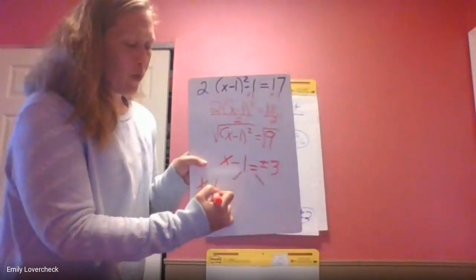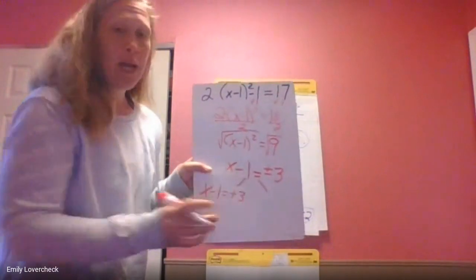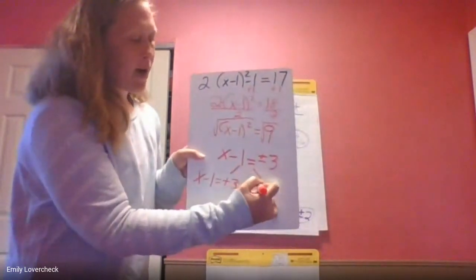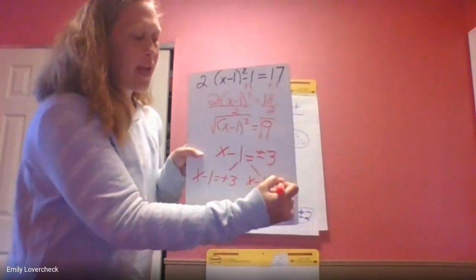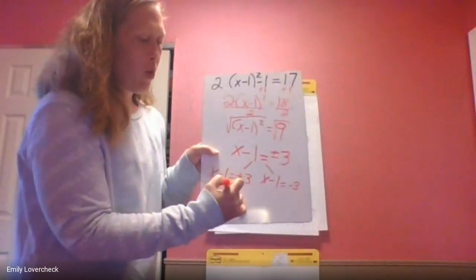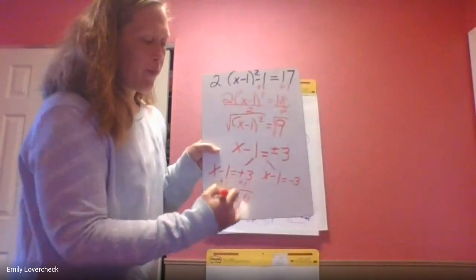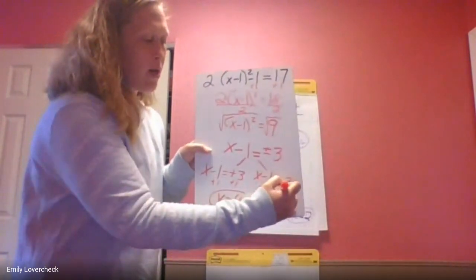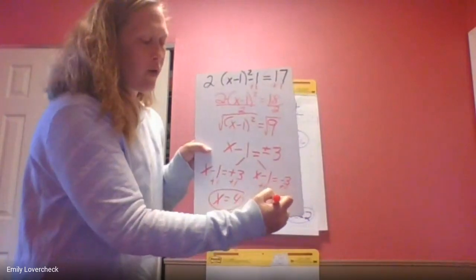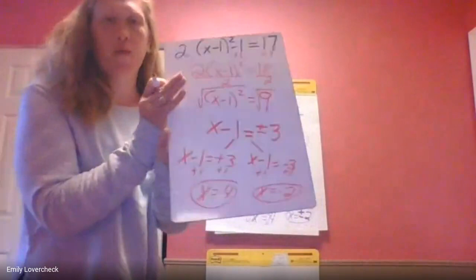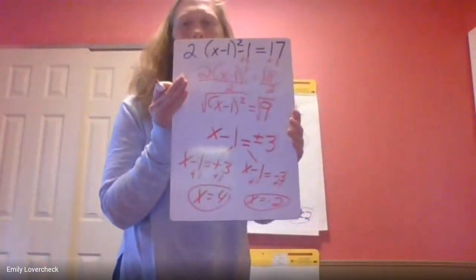I get x minus 1 equals positive 3. Again, you don't need to put the positive 3 there, but it kind of helps. And then I get x minus 1 equals negative 3. I add 1 to either side, and I get x equals 4. I add 1, and I get x equals negative 2. So x equals 4, x equals negative 2.